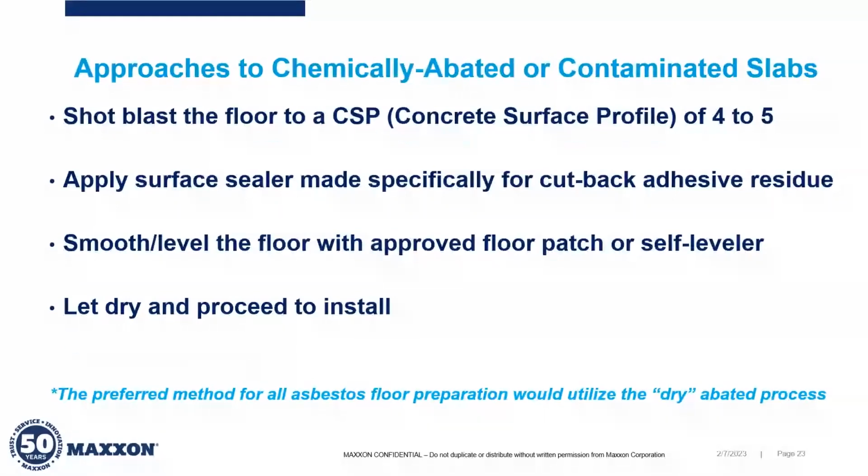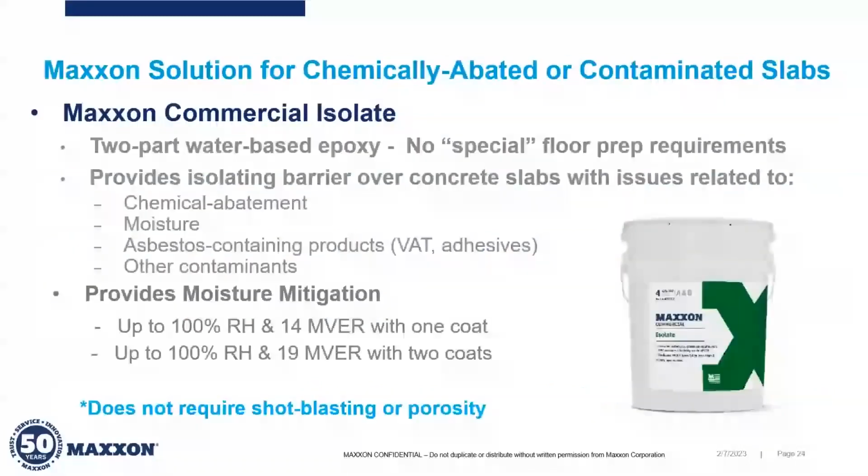And then the next step would be to apply something like a sealer to the cutback, to lock down cutback adhesive residue, and then follow through with some sort of preparation to get that floor now ready to accept the new floor covering. At that point, you'd let everything dry and follow through with your floor covering. But at this point, you're really rolling the dice because it's likely that something is going to rear its head over time. And that's where Maxxon Commercial Isolate comes into play.